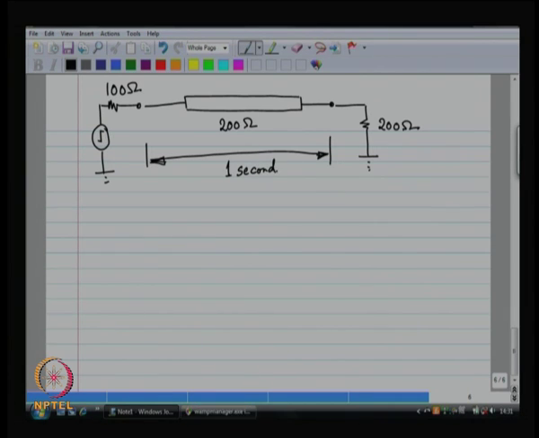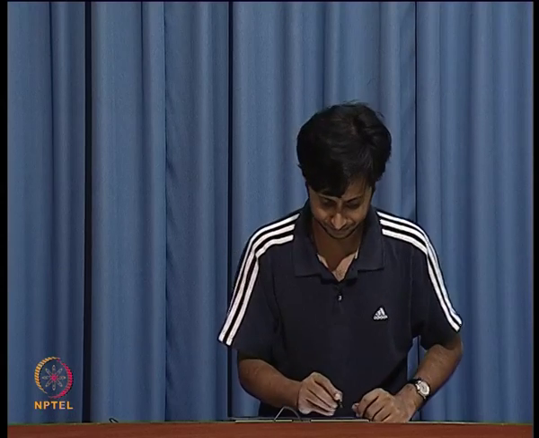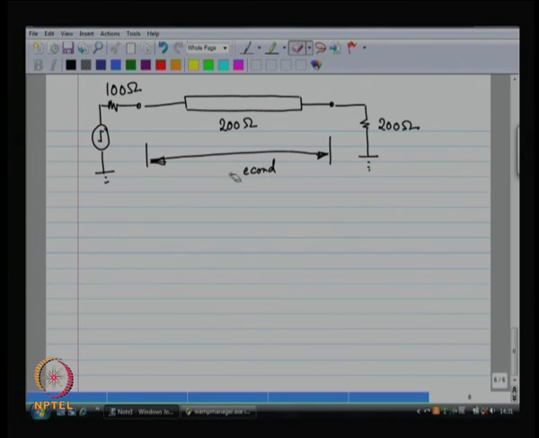It is quite a large distance. If it is 1 second, then it is 3 into 10 power 8 meters, right. It is a very large distance, but this is just for ease in our calculations or understanding. So, you can choose your time over here, forget 1 second, let us say it is t seconds.